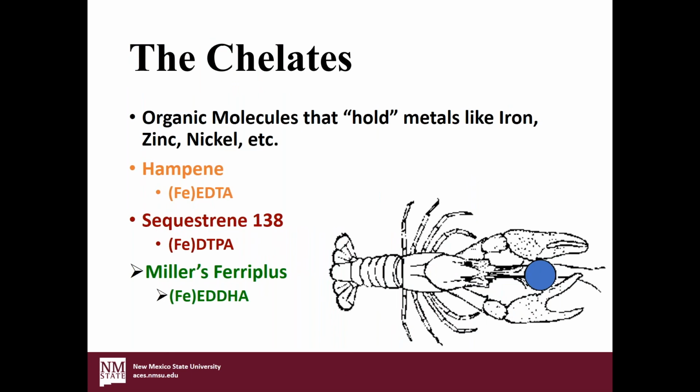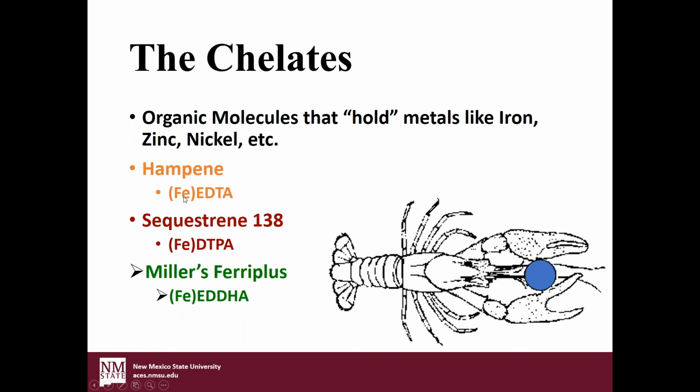Now the chelates, on the other hand, there are different types of chelates out there, and there's been some work done on these chelates. They are, by definition, molecules that hold metals like iron, zinc, nickel, others. I just used the lobster because the molecule is like a claw, and it holds on to that specific iron or other metal in the structure of it.